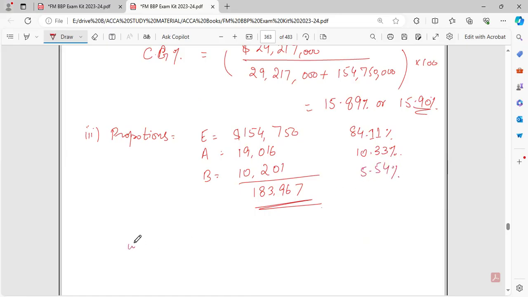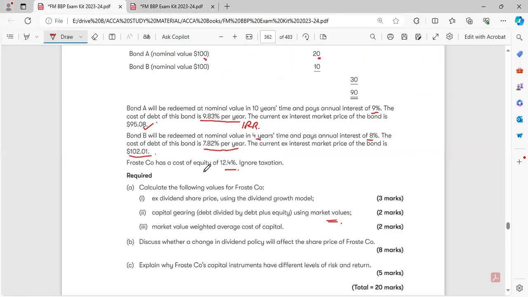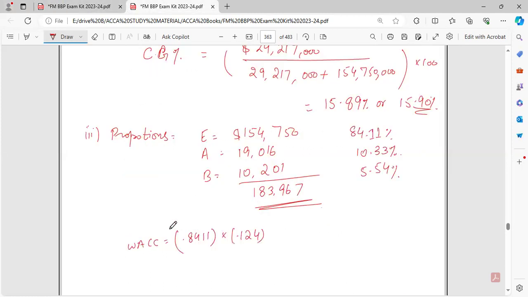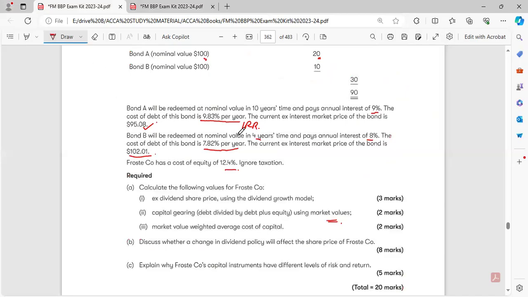WACC is equal to proportion of equity into cost of equity. I think it is 12.4%. Plus proportion of debt into cost of debt. Cost of debt is 9.83, and it must be after tax. We are ignoring taxation, otherwise we will deduct 1 minus tax.